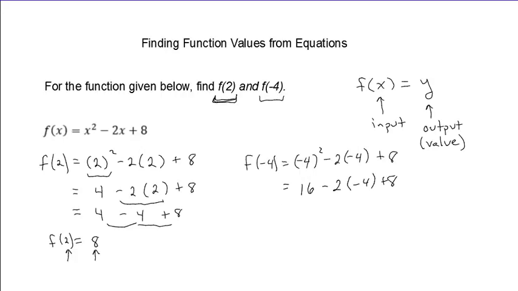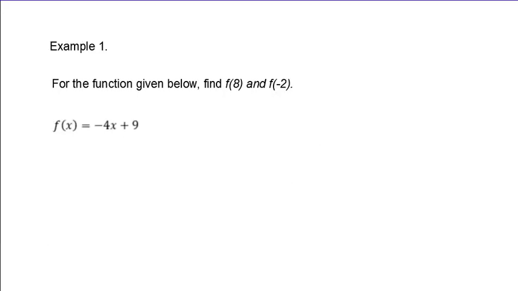Now I'm going to do my multiplication, and negative 2 times negative 4 is plus 8, plus the 8 on the end. And so finally we get that the function value at negative 4 is 16 plus 16 is 24, plus 8 is 32. So I have two sets of examples. Here's the first one, a nice linear function.